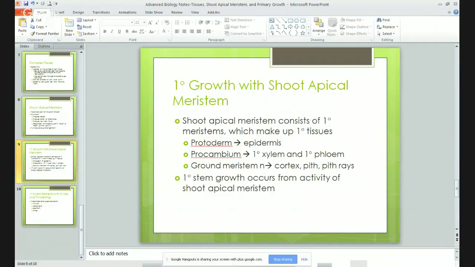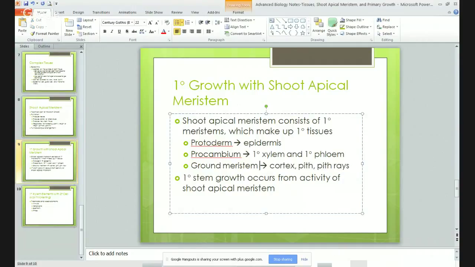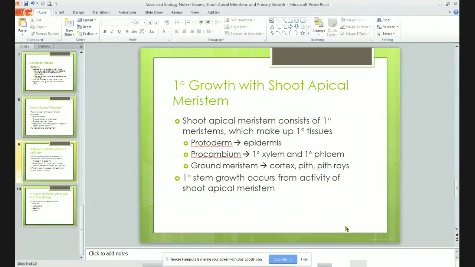So your shoot apical meristem there is at the very top. Your shoot apical meristem is responsible for making what are known as your primary meristems. There are 3 of them: your protoderm, your procambium, and your ground meristem.